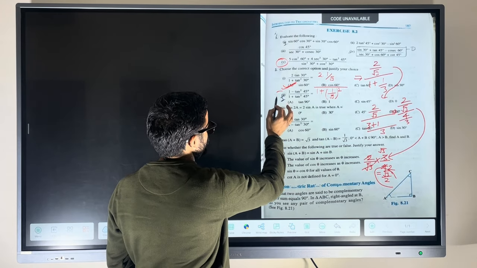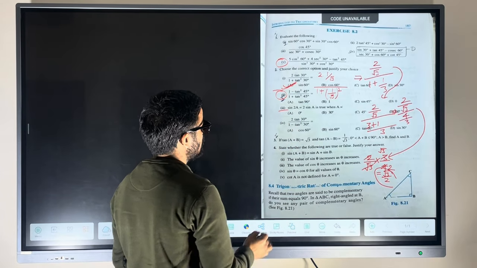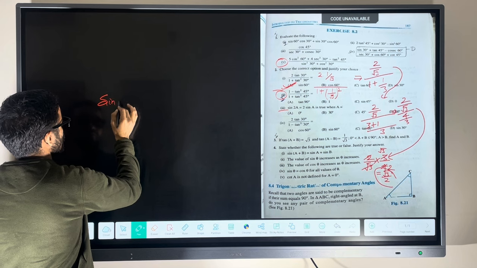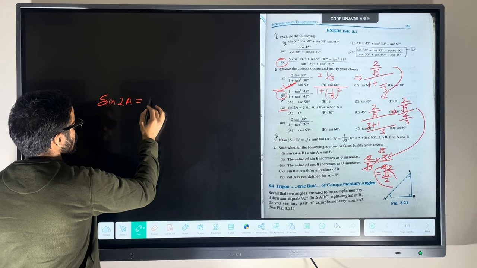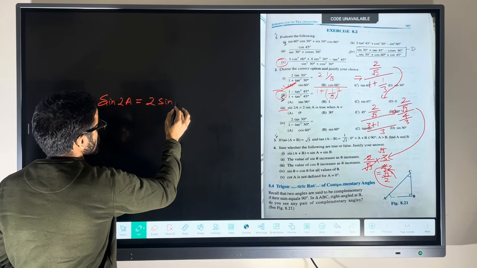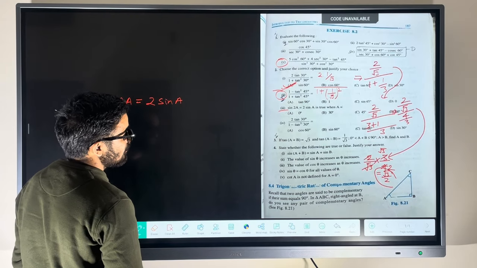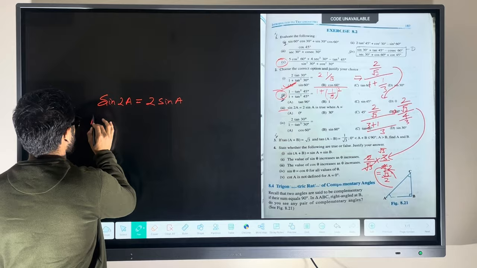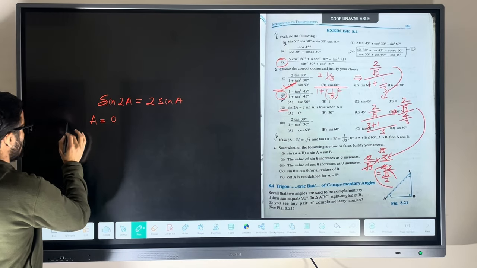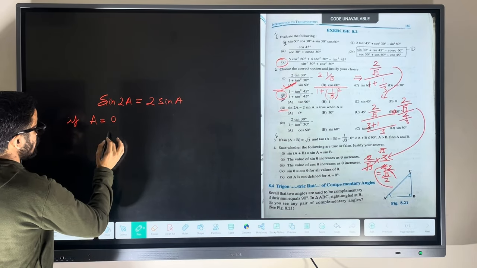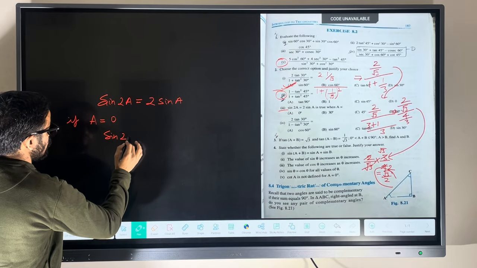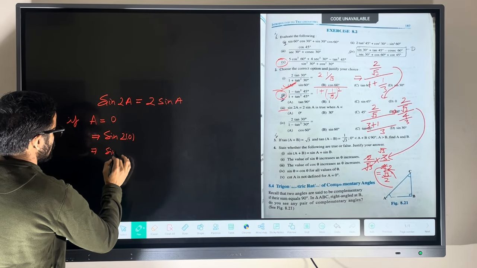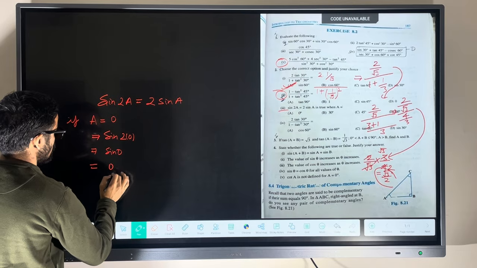Similarly you can solve question number 2. Now see question number 3. Here we have sin 2A is equal to 2 sin A, and we have four options. For the first option, if A equals 0, then sin 2 into 0 is sin 0, which is 0.